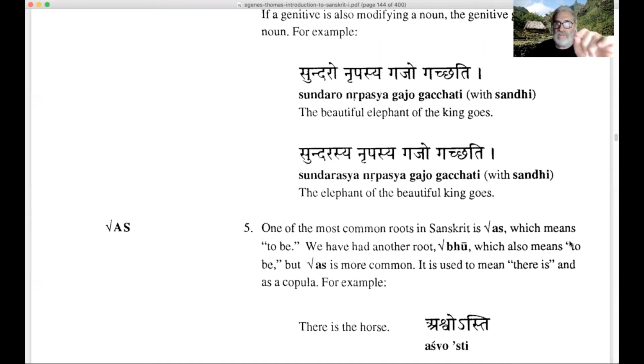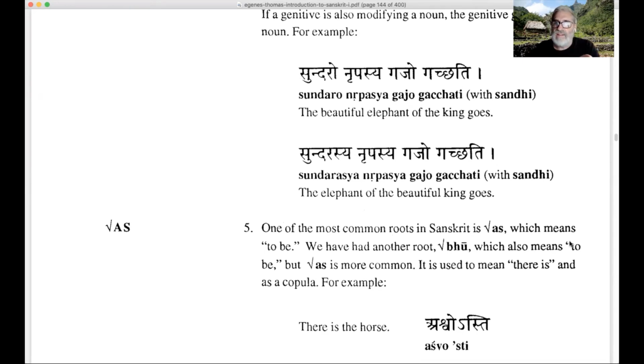So the first sentence says the beautiful elephant of the king goes. The second one says the elephant of the beautiful king goes. Who's beautiful in this sentence? The king and not the elephant.